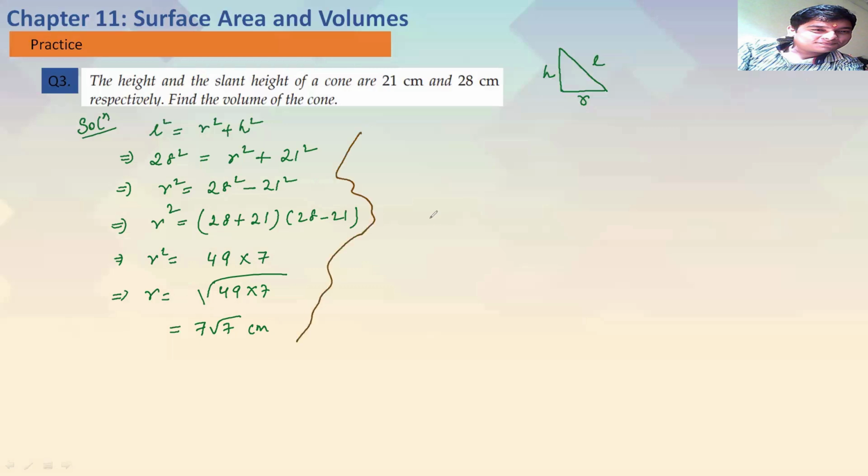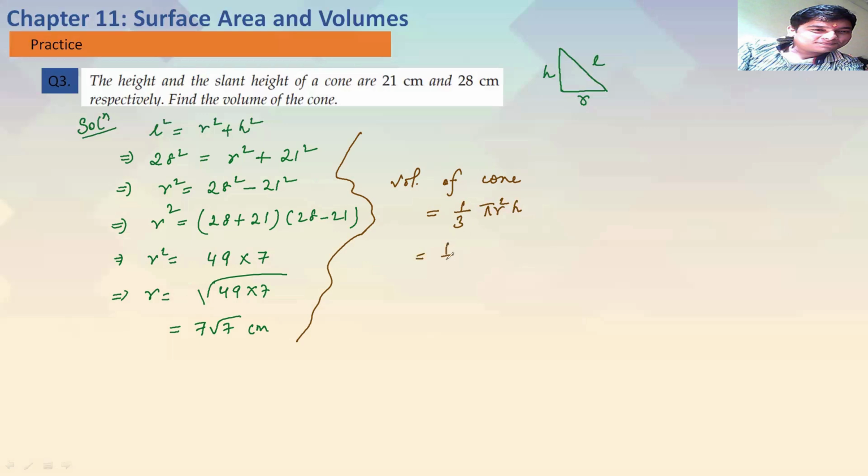What is the formula for volume? 1 by 3 into pi r square h.